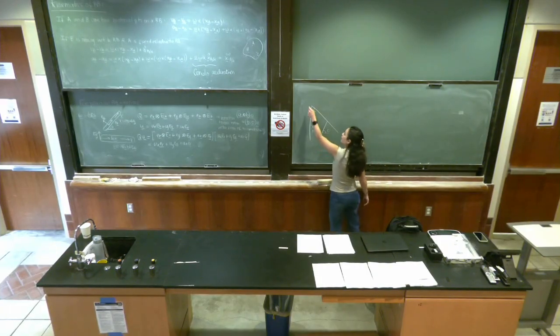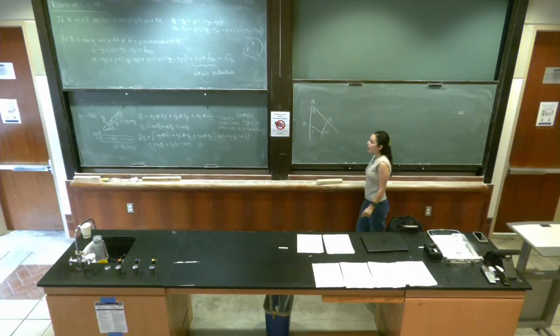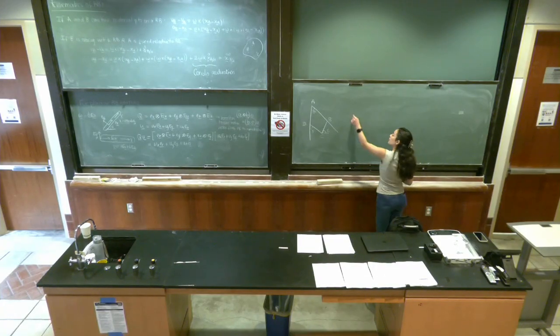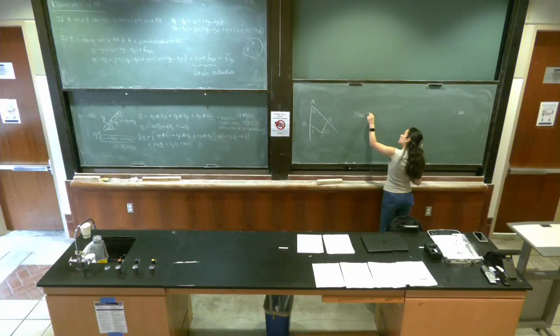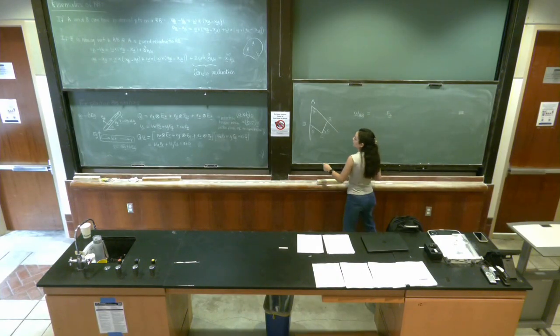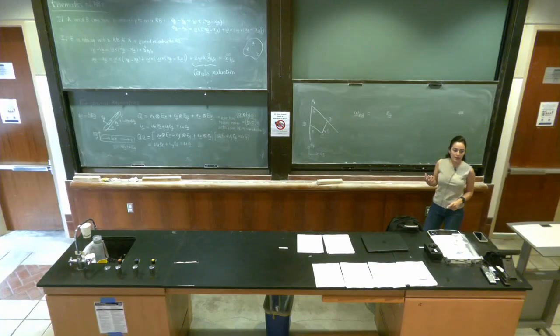And I had A, B, C, D. How can I write the angular velocity of link AB in terms of the rate of change of some angle? So I know that omega AB is some value along Ez. What is this value? I want to write omega AB as the rate of change of some angle.